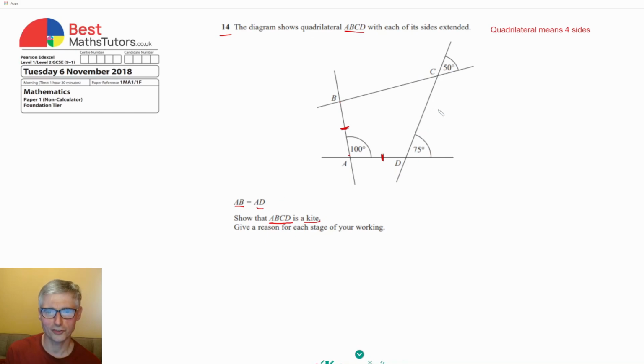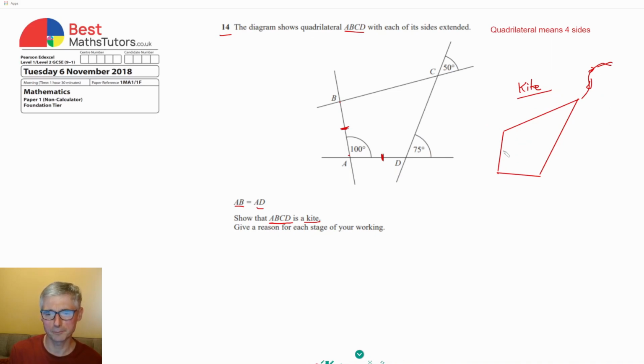In order to do this, we need to understand something about a kite. So here's a kite that I've drawn. Apart from actually looking like a kite, so you can imagine one of the kites that you would fly, it's actually more than just looking like a particular shape.